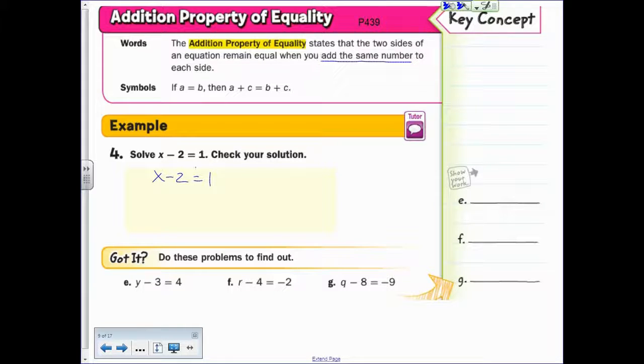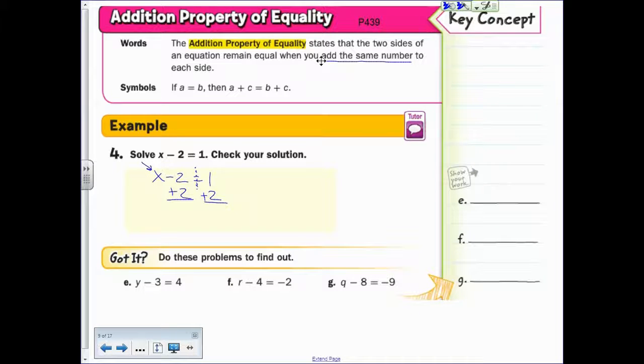Well, again, our equal sign, we need to pretend that that's like a wall, and we want to get x all by itself on that side of the wall. Negative 2 is the extra thing that we have over here, so we want to do the opposite of that. So the opposite of subtracting 2 is adding 2. Whatever I do to one side of the equal sign or my imaginary wall, I need to do to the other. So I'm going to add 2 to both sides of the equation.